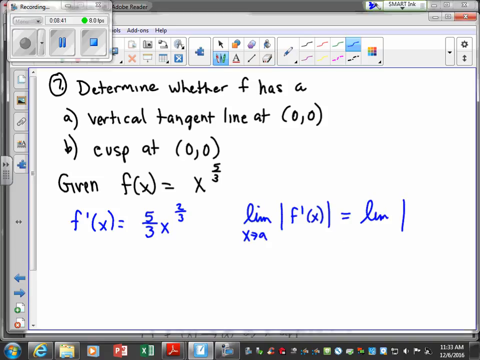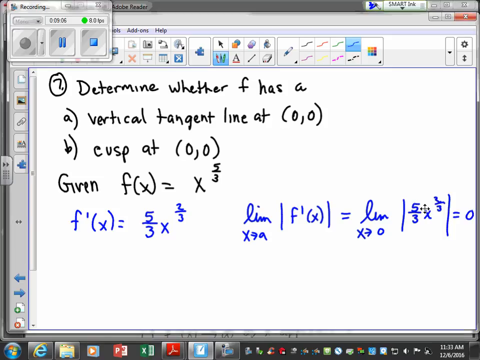Limit, what is our f prime of x? 5/3 x to the 2/3, and x is approaching a. What's our x value? That's given, 0, so now let's use substitution in there. What happens when you plug in 0? You're just going to get 0.